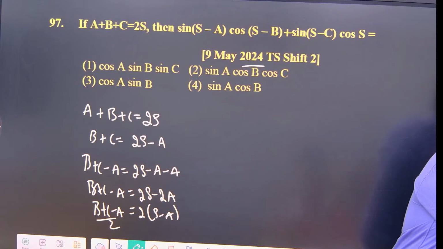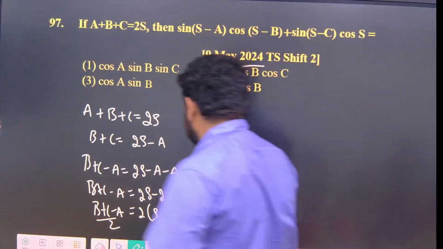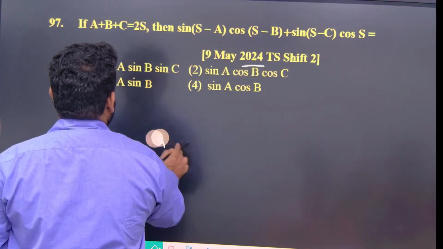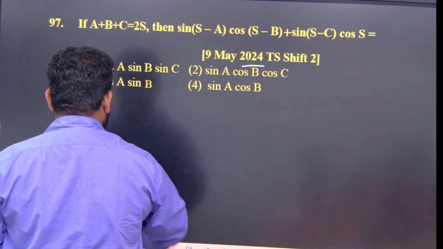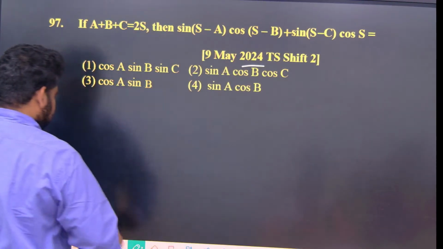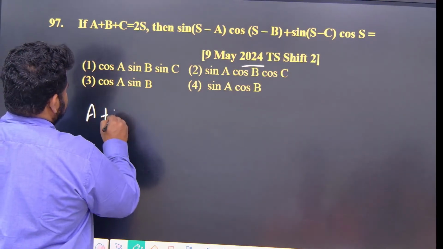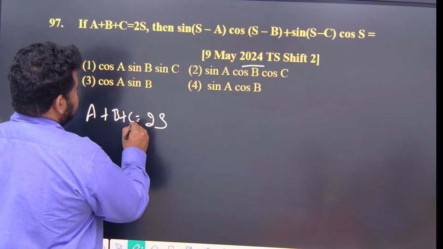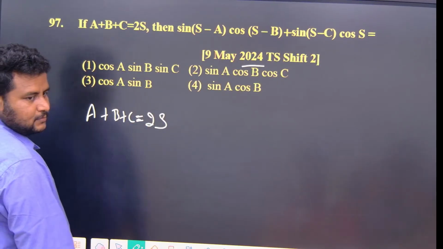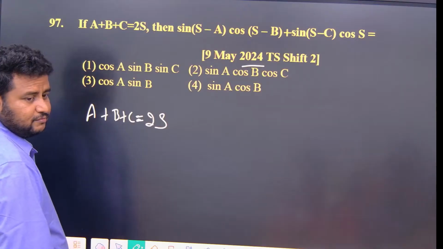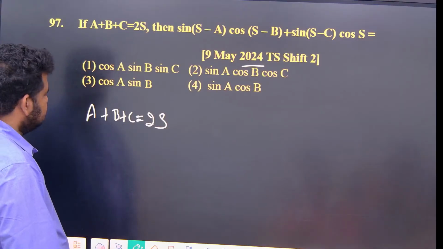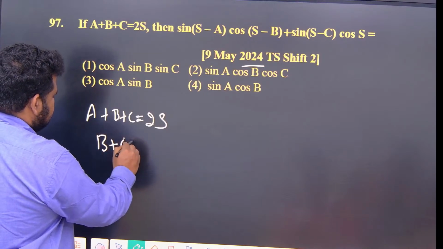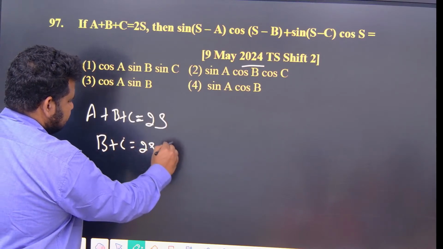s minus a. See, let us check again. a plus b plus c is equal to 2s. Correct? They are asking about what? s minus a. So what should we do now? Send a that side. So we will have what? b plus c is equal to 2s minus a.